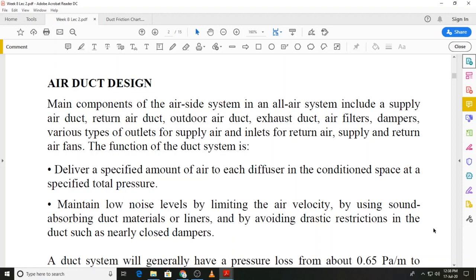One is to supply the correct amount of air to each of the zones, and the other is also to supply it at a given pressure. In addition, the noise levels are also to be taken into account, because when the air moves through ducts there is noise that is generated, and we have to ensure that the noise levels that are then transmitted to the conditioned space are within acceptable limits.